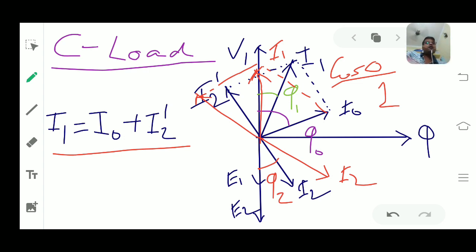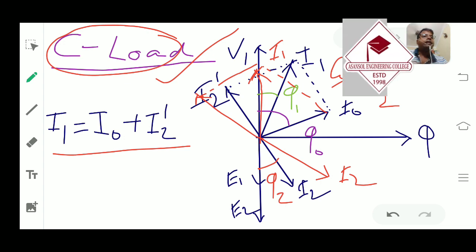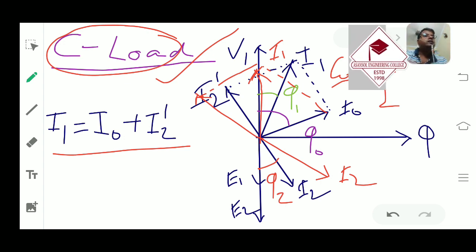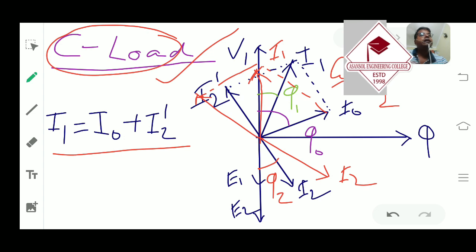So a transformer can operate on unity power factor only if the load is capacitive. This is the only possibility, and not for all the capacitive load. It has a particular value. In capacitive load, its power factor will improve.